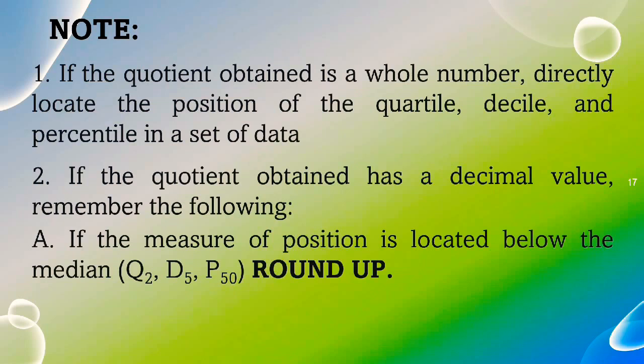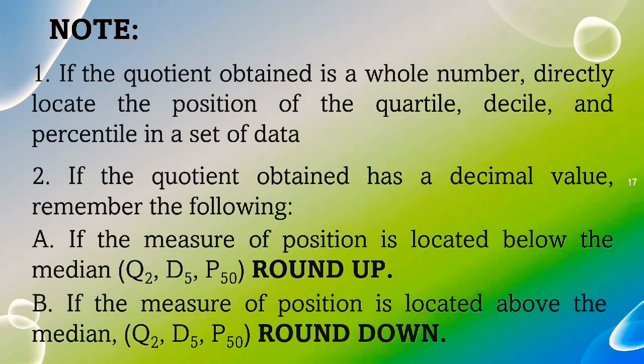And if it is above the median, we are going to round down the data. Take a look, class, at our median for quartile, decile, and percentile. This will be your guide in identifying if we are going to round up or round down depending on the situation. If it is a decimal, we're going to apply rule number 2. And if it is a whole number, we're going to apply rule number 1.